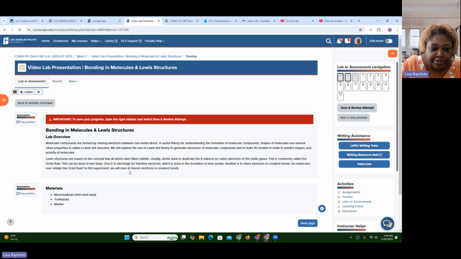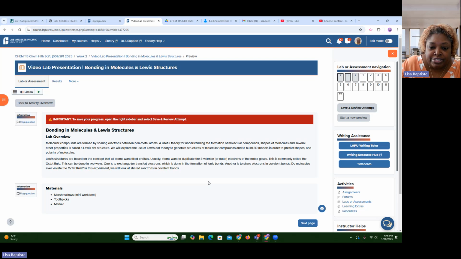All right, so the overview: this is bonding in molecules and Lewis structures. Molecular compounds are formed by sharing electrons between nonmetal atoms. A useful theory for understanding the formation of molecular compounds, shapes of molecules, and several other properties is called Lewis dot structure.